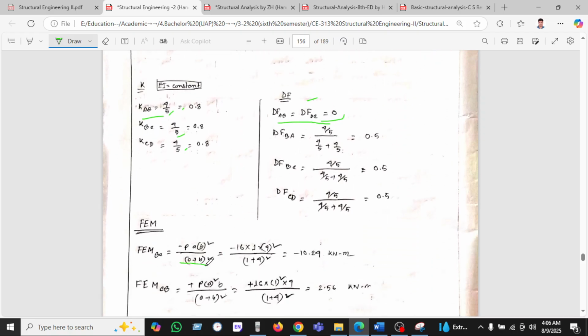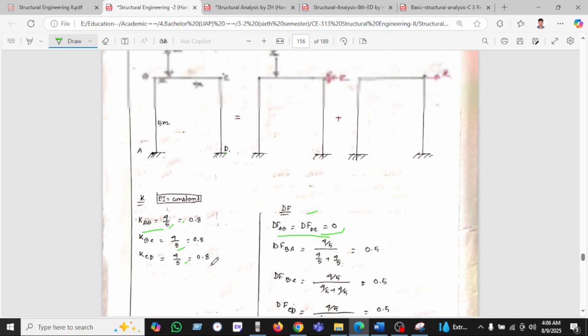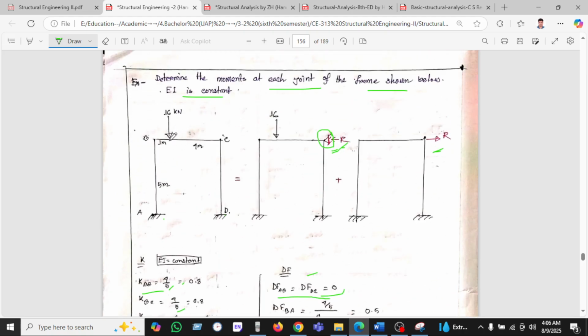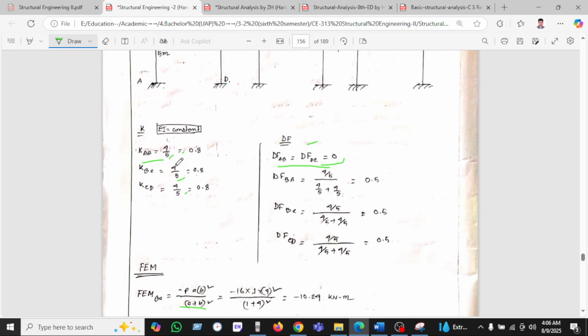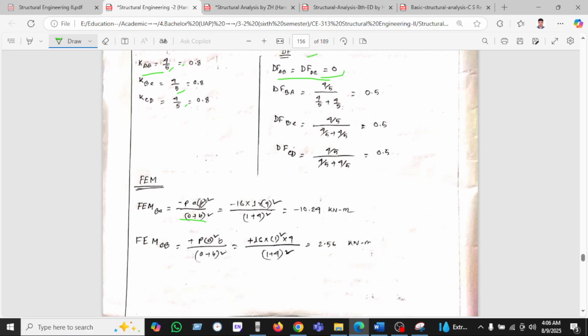The fixed end moment is PAB squared divided by L squared, because this is not an equal distance, it is unequal distance. That's why PAB squared divided by A plus B squared, which is 10.28. The same way for CD, PA squared B divided by A plus B, which is 2.5.